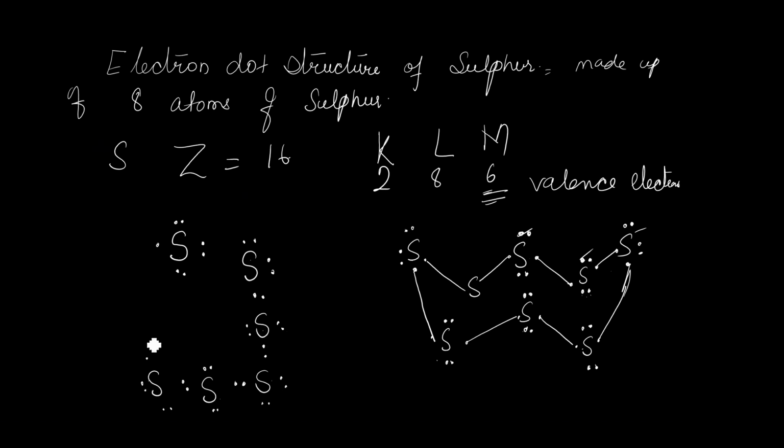We have to write two more sulfur. So one electron of this sulfur, then 1, 2, 3, 4, 5, and 6. Then another sulfur, 1, 2, 3, 4, 5, 6 electrons. So you can make it as here. Now encircle all the electrons. Now see the bond formation, how?